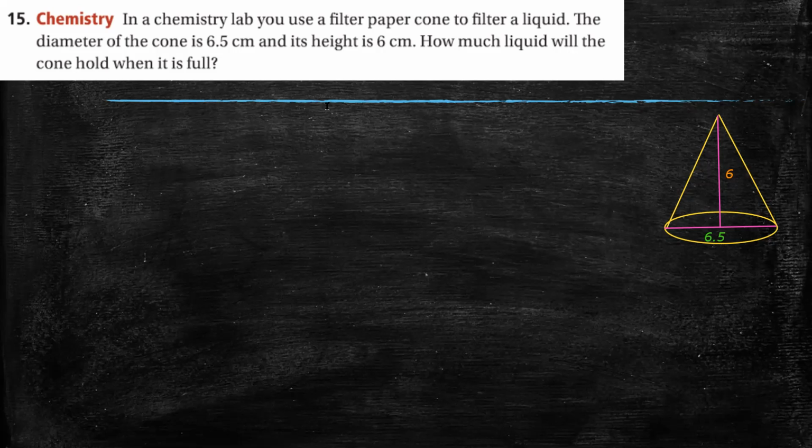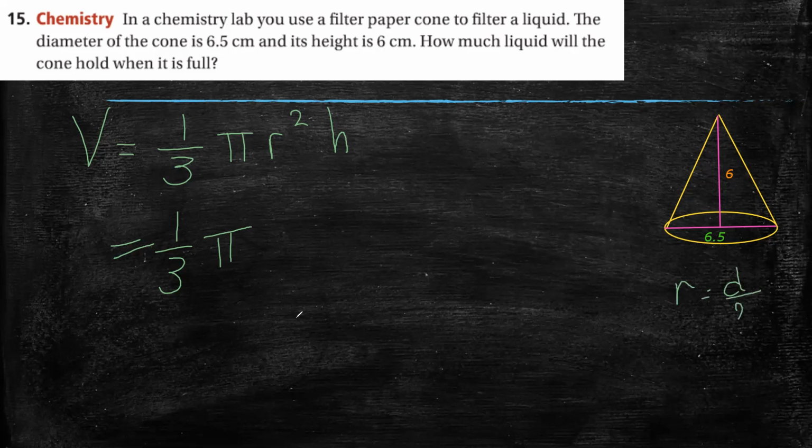Now let's find the volume. The volume is one third pi r squared h. To find the volume of the cone, I need the height and the radius of the circle. Now the diameter is 6.5, and I need the radius. The radius is d over 2, which is 3.25.